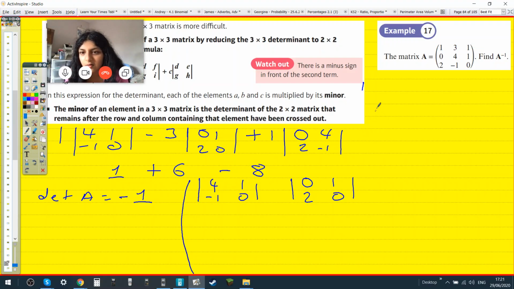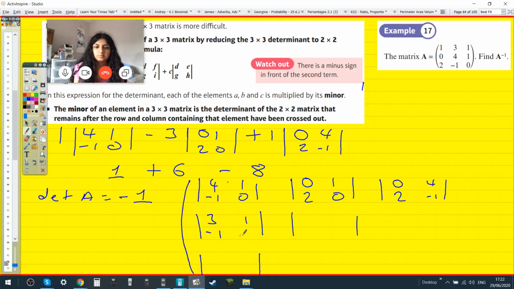And then 0, 4, 2, -1. 3, 1, -1, 0. What are we doing now? This one, 3, 1, -1, 0. And then 0, 1, 2, 0 again.